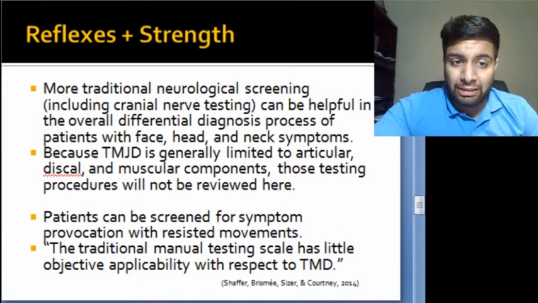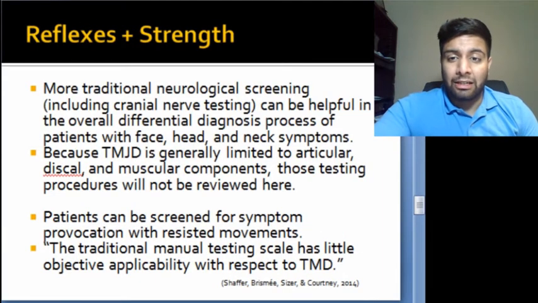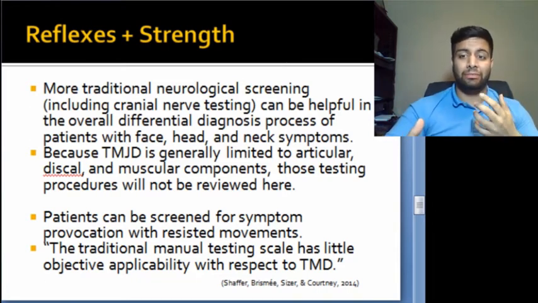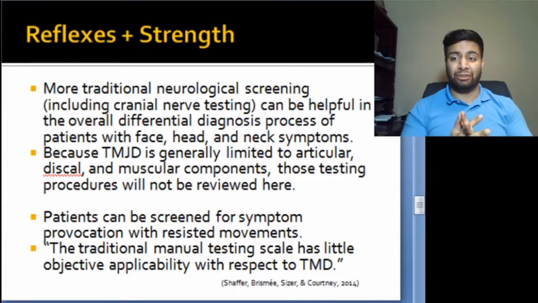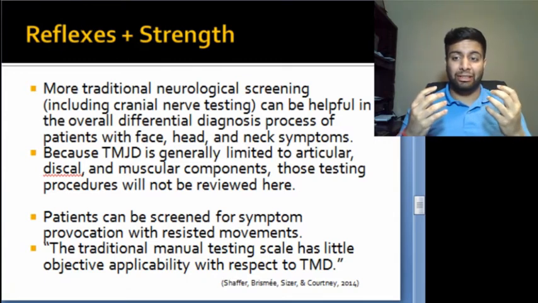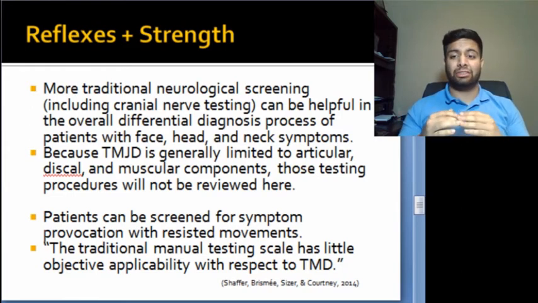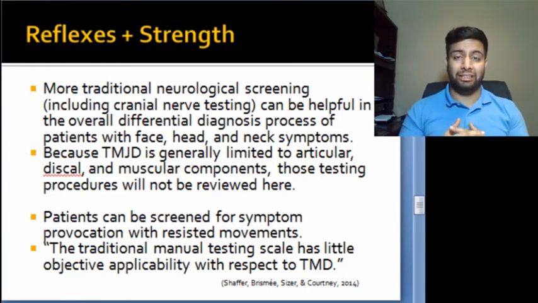Alright, next thing in terms of the reflexes and strength testing. For the reflexes, more traditional neurological screening in terms of cranial nerve testing can be helpful in the overall differential diagnosis process of patients with face, head, neck symptoms. But because TMJD is generally limited to articulodiscal and muscular components, those test procedures we will not be reviewing in this video.